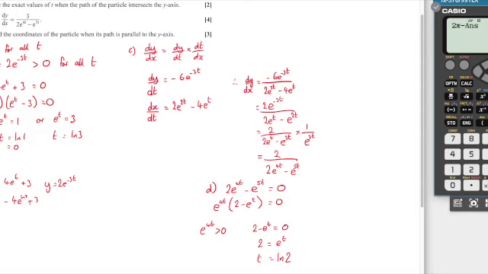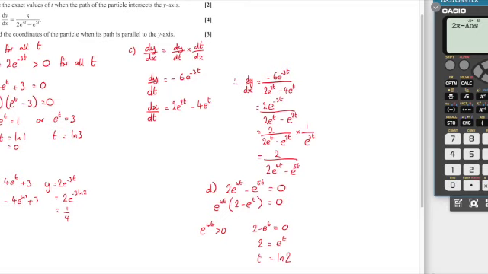And then my y coordinate is 2e to the minus 3 ln 2, so minus 3 goes in, so that's ln of an 8th, the ln and the e cancel out, so that is going to be 2 over 8, which is just a quarter.